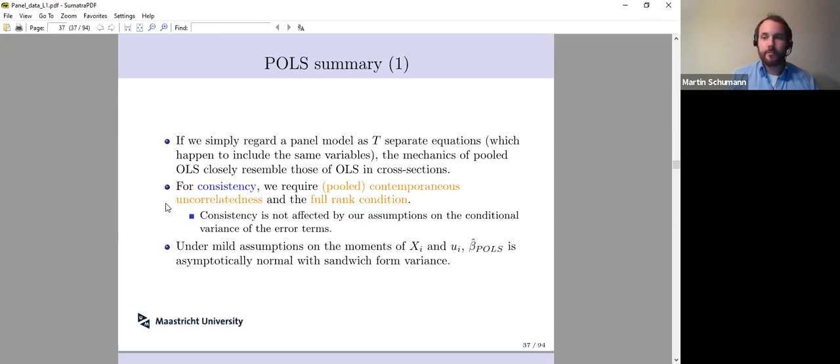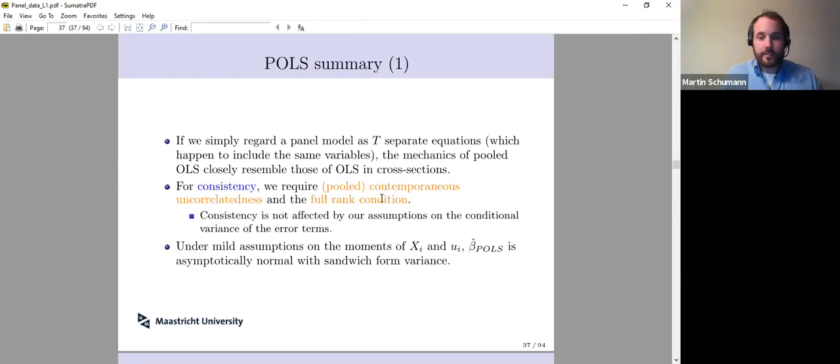For consistency, we only need pretty weak conditions. For instance, we need the pooled contemporaneous uncorrelatedness, and we need the full rank condition. Our assumptions on the variance don't play any role for consistency. However, the expression or our estimator of the variance depends very much on our assumption on the conditional variance: homoscedasticity, very simple form; heteroscedasticity, more complicated sandwich form.